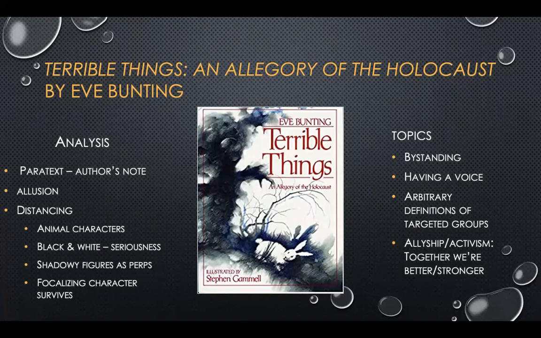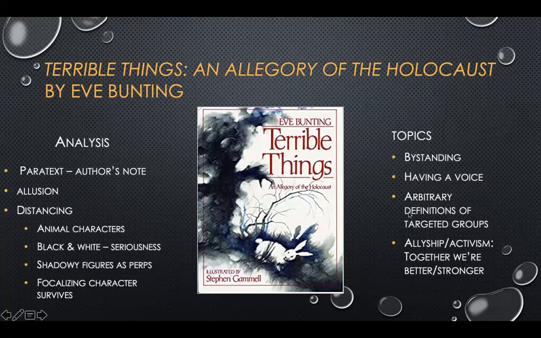The focalizing character is Little Rabbit, and Little Rabbit keeps asking, why do they keep taking people away? Why did they take the birds? Why did they take the fish? And his Father Rabbit says, stop asking questions. As long as they're not taking us, it doesn't matter. And eventually the rabbits do get taken, and Little Rabbit hides at the end, and he survives. And he basically ends by saying, I have to go warn the other forest creatures that this is happening.